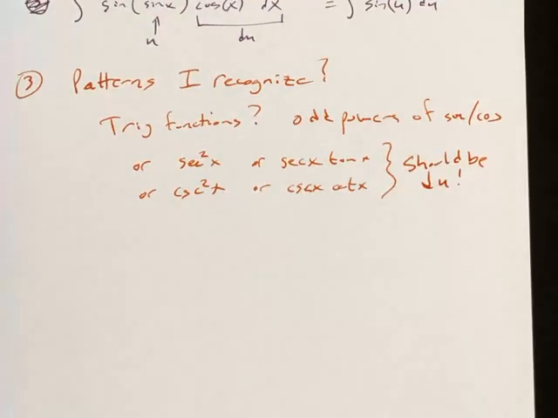And if I see what I think should be the du, then I know what should be the u, and then I can use the Pythagorean identities to make everything into that trig function. If I have cosecants and cotangents, I can use the Pythagorean theorem for cosecant and cotangent to turn everything else into the u once I know which part is du. And if I don't see the right pieces floating around, then I'm probably going to try and turn it all back into sines and cosines, which again is going to give me that Pythagorean identity.